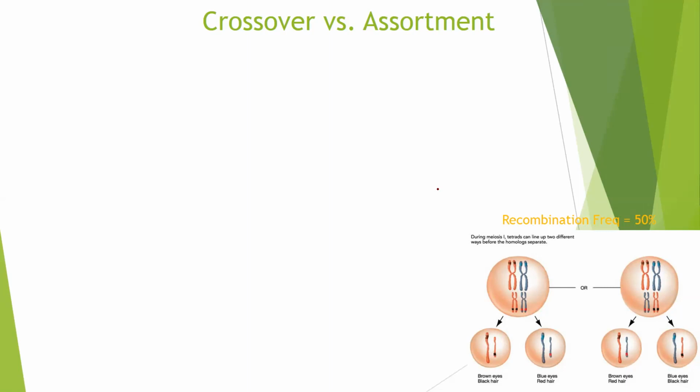So the progeny will carry a different combination of the alleles from their parents, and we say that kind of phenomenon is recombination. So recombination actually means you see different combinations of the alleles from their parents.